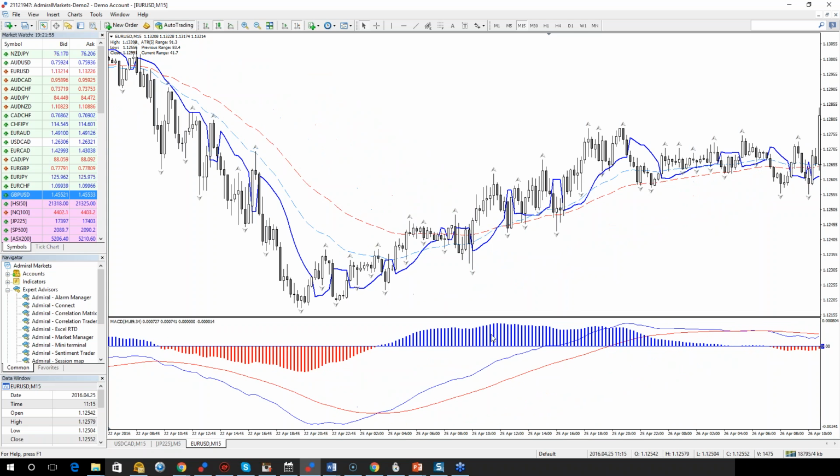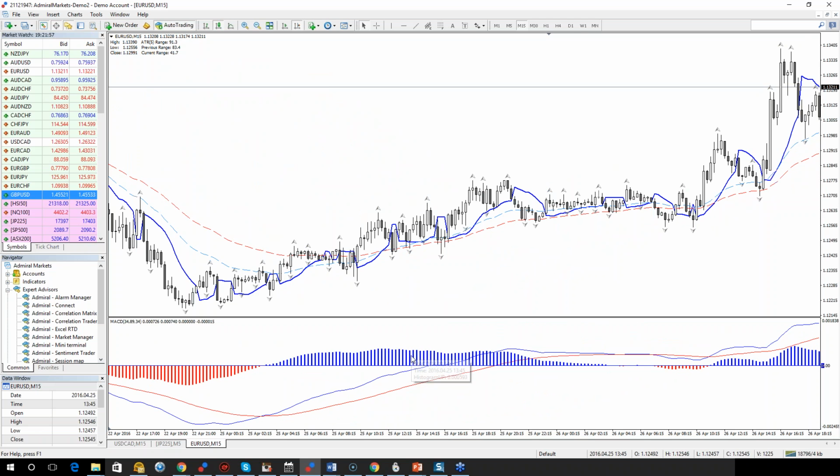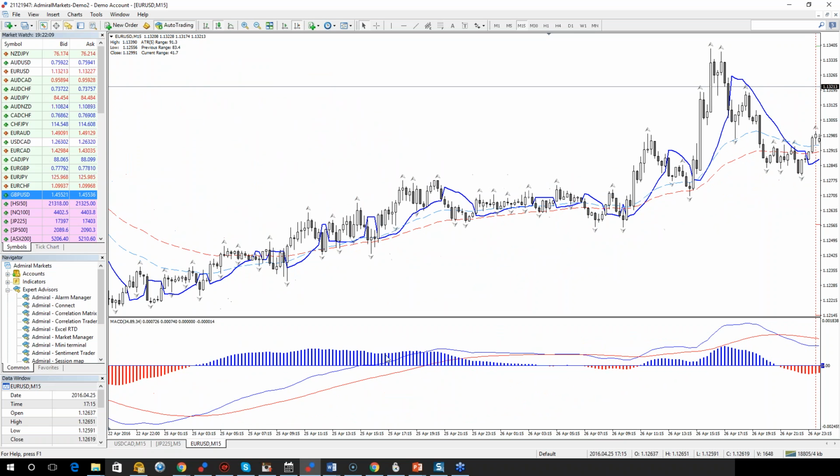Now here, guys, this is where it gets actually interesting. See here, it started to go up, up, up, up, and here at this place it actually crossed. So you now might consider long entries.